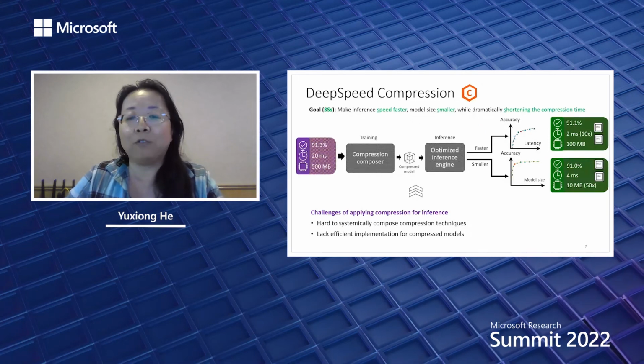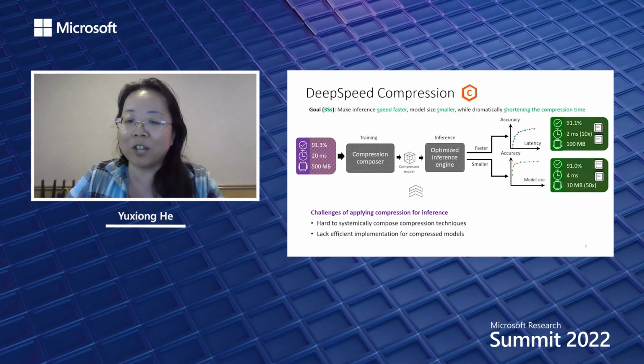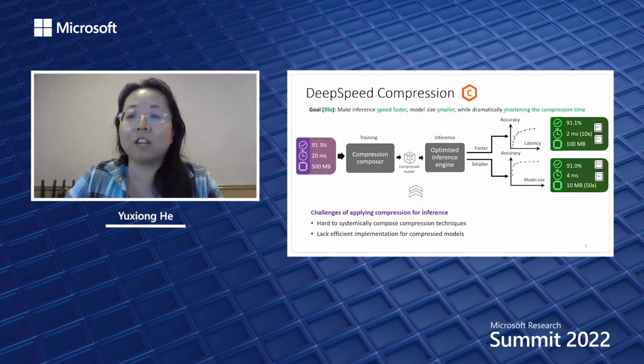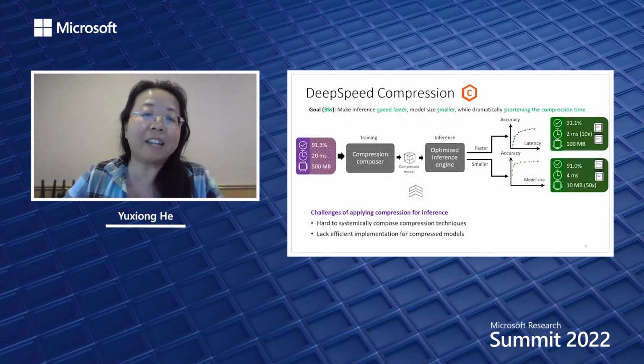Inside the library, we have two main components to address the challenges we talked about. The compression composer automatically composes different techniques to get highly compressed model checkpoints. And the inference engine provides a highly efficient implementation to run the compressed models faster and cheaper. Building the whole library is a significant effort. We are taking it step by step.